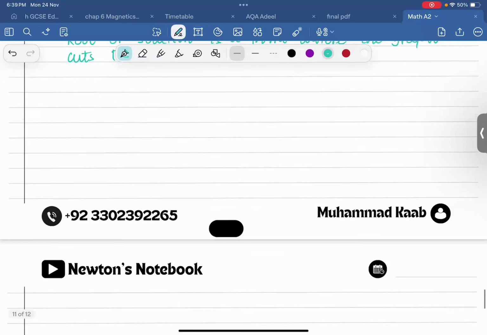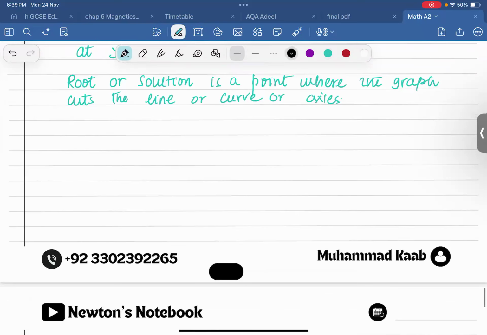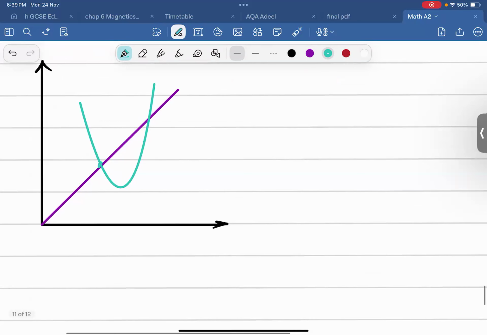Sometimes the root would be like this. Imagine you have a graph, a straight line, and a curve. So these are the two solutions, the two roots of the graph, right? Clear?